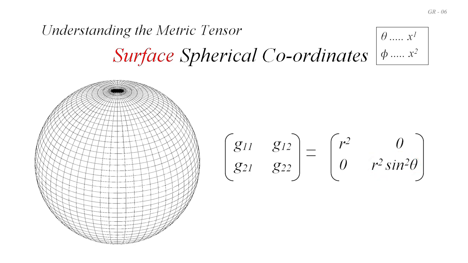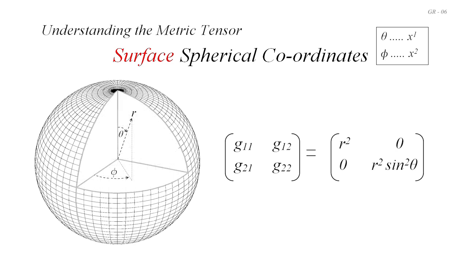Let's analyse this by using the way of interpreting the metric tensor that we've just been thinking about, angles and stretches. Remember, in terms of these coordinates, we took theta as x1 and phi as x2. R is constant on the surface. These off-diagonal entries in the metric tensor are essentially the same thing, and they're both 0 in this case. This means that the cosine of the angle between the two basis vectors x1 and x2, or theta and phi, is 0.